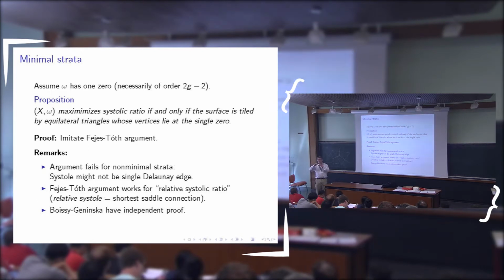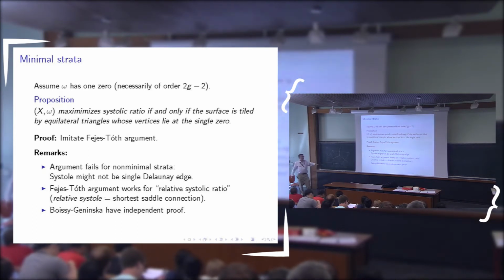Here, it's just one saddle connection that works for everything, because we only have one zero. So the Fejes Tóth argument breaks down because of that. I mean, the Fejes Tóth lemma is perfectly good, but it just doesn't apply in more general strata.